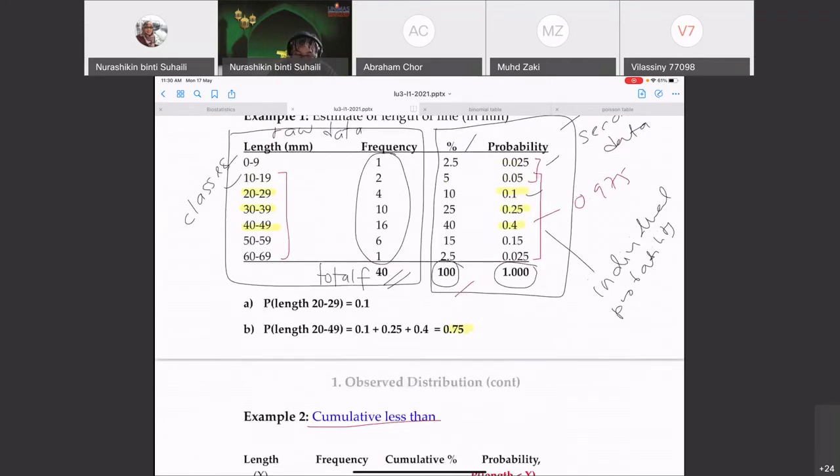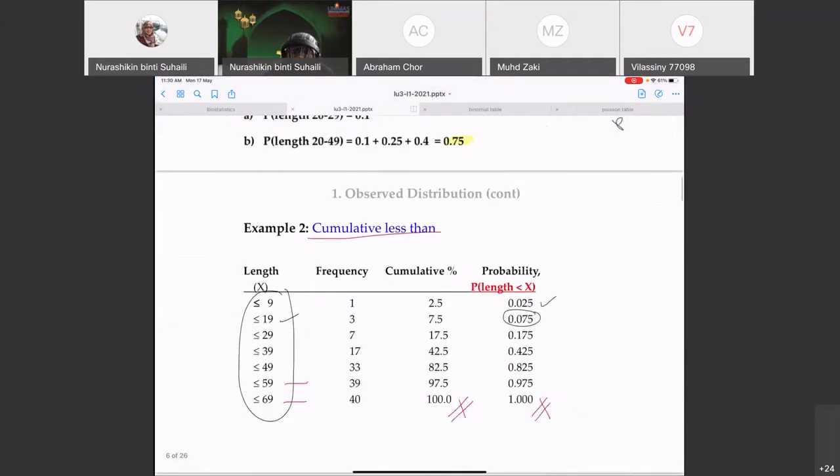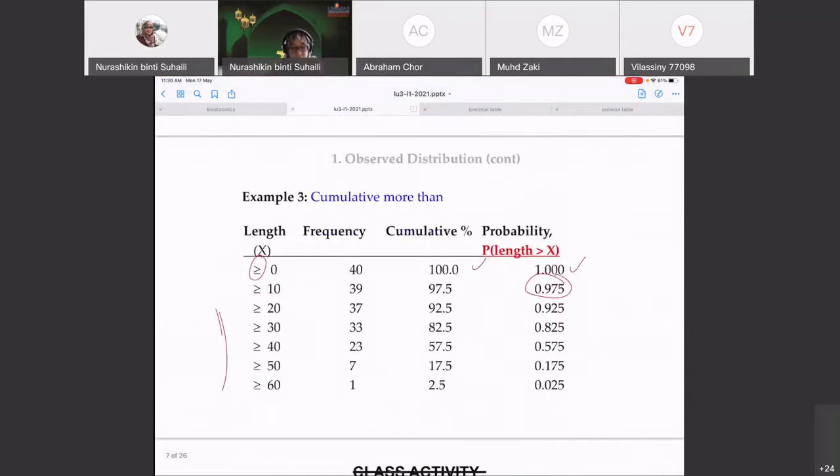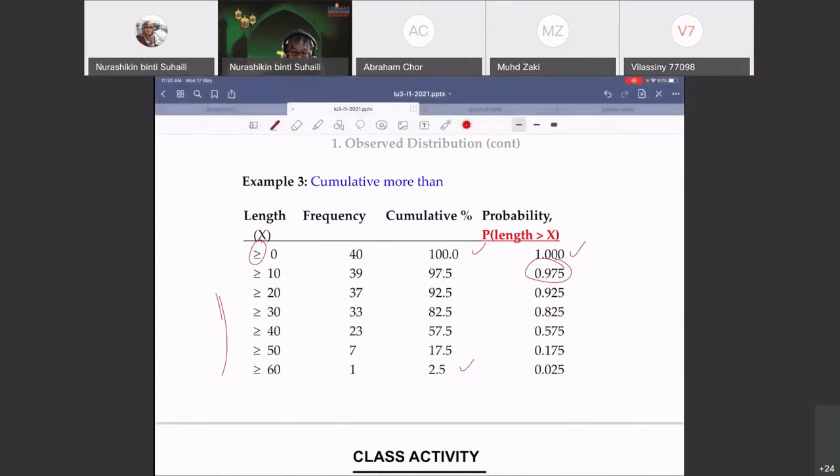So that is how cumulative more than looks like. It starts with 100% and ends with the individual probability of the last class, which is 2.5.